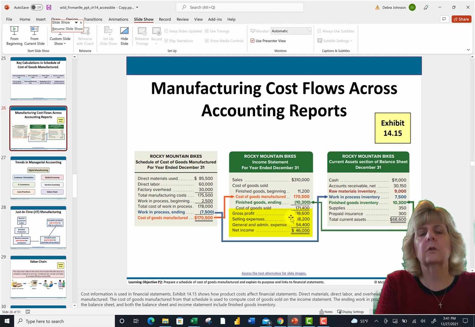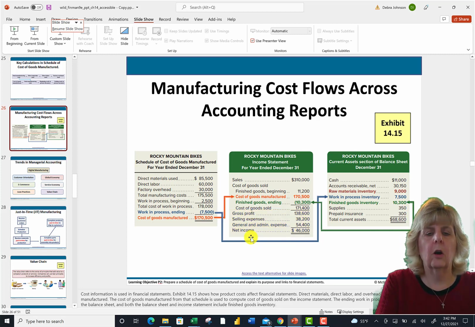And then from gross profit, we take out the 2 types of period costs that we talked about last time: selling expenses and the G&A expenses. And once we take that out, we would get our pre-tax income, net income before taxes.